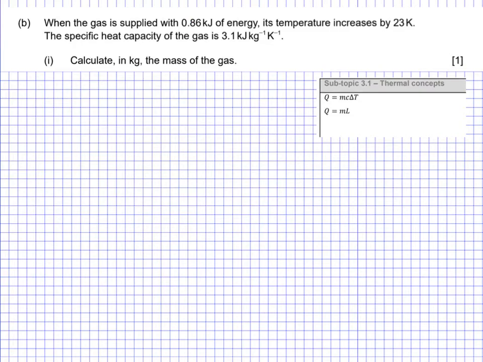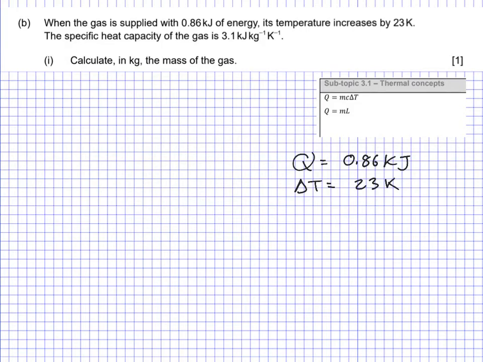So let's just write these down. Q, in this case, is going to be the change in energy that we're told, 0.86 kilojoules. And what else do we have? Change in temperature. We have a ΔT, which is 23 Kelvin.